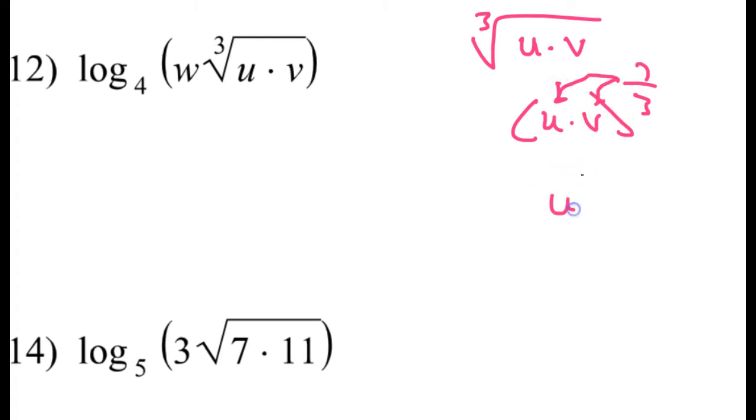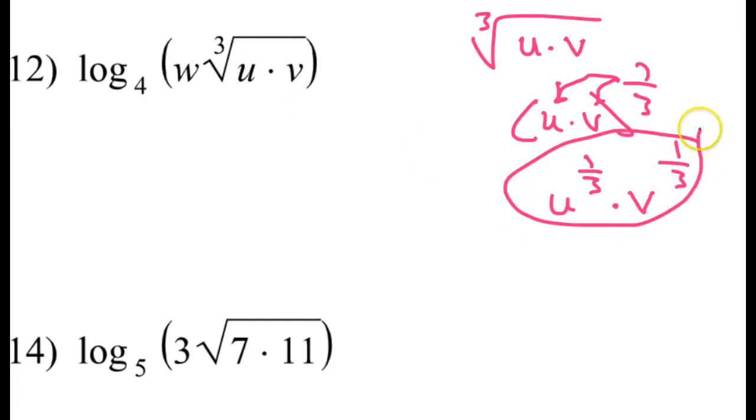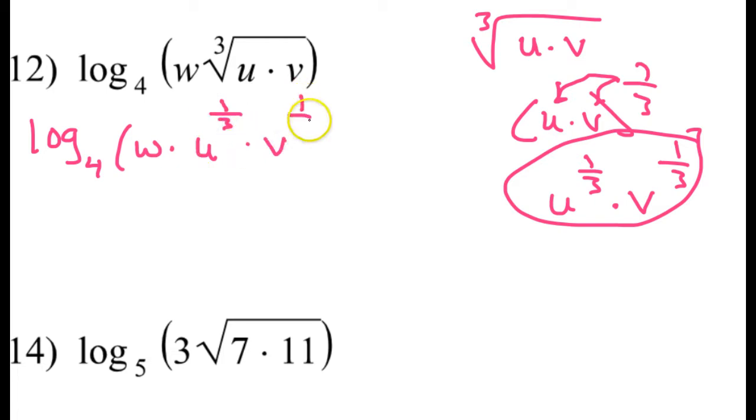So this would be the same thing as u to the 1/3 power times v to the 1/3 power. So that's what I'm going to do when I get to this part of the problem. So this is the same thing as having log base 4 of w times u to the 1/3 power times v to the 1/3 power.